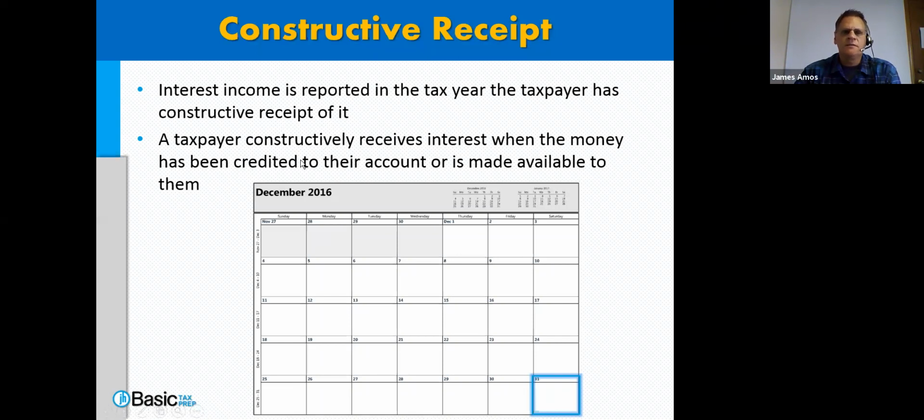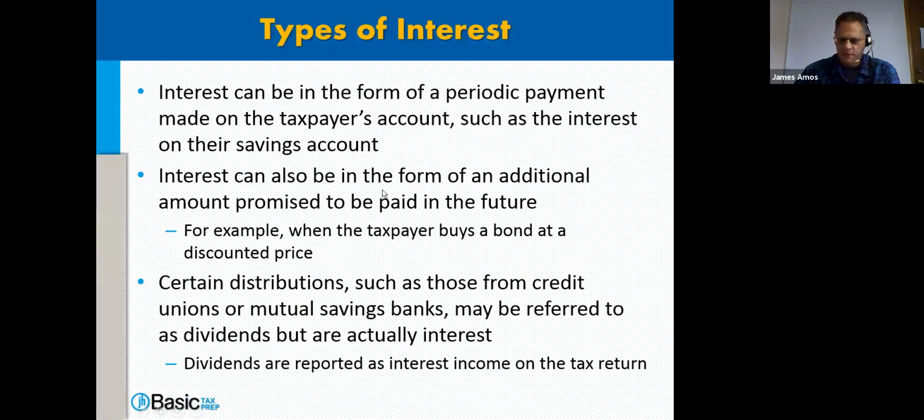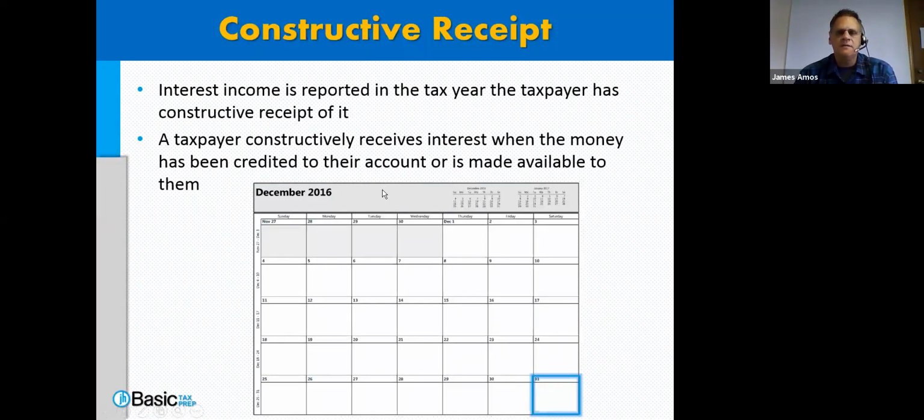Constructive receipt is an important concept, and I just want to slow down to discuss that. Constructive receipt means that you, by law, are considered to have access to it because you have realistic possession of it, even if in real life you have no opportunity to perhaps use it yet. So constructive, that's because they're constructing it.